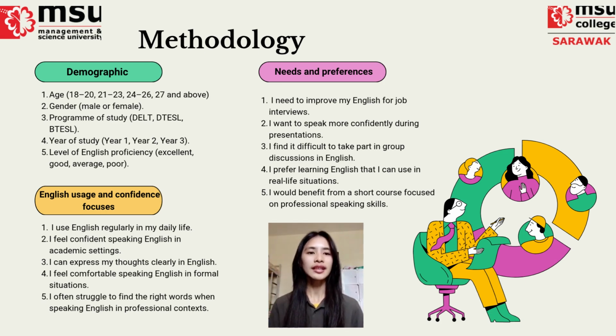Furthermore, Section C is needs and preferences for the course, aiming to find out the learning needs and preferences of the students for a short-term professional English course. This section focuses on improving speaking skills for interviews, presentations, and group discussions. Students also use the 5-point Likert scale to respond to statements such as: 1. I need to improve my English for job interviews. 2.